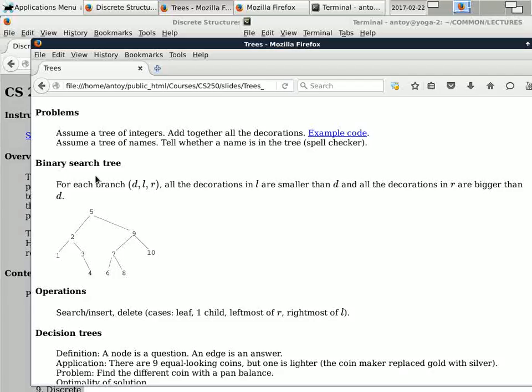If there are two children, what do you do? You take the leftmost of the right subtree, meaning you go to the right and then you go to the left as long as you can, or the other way around, the rightmost of the left subtree. All right?